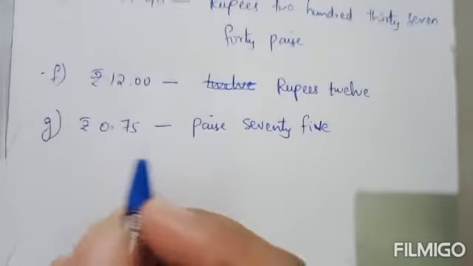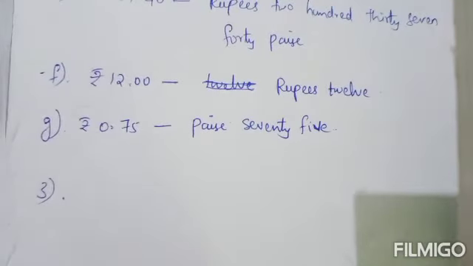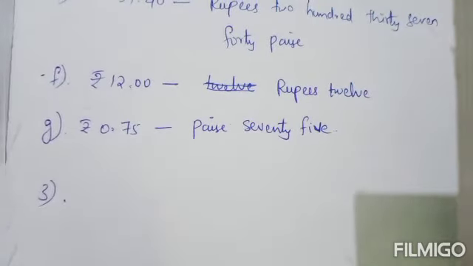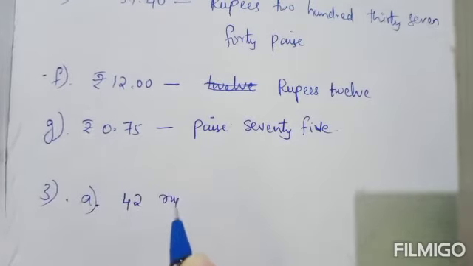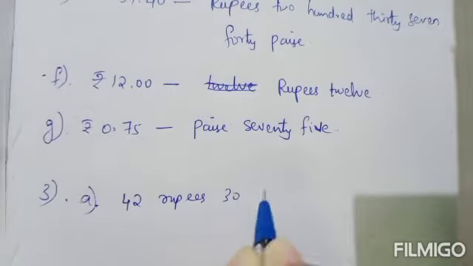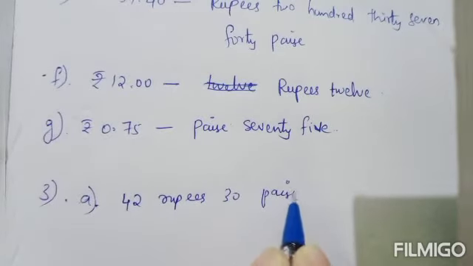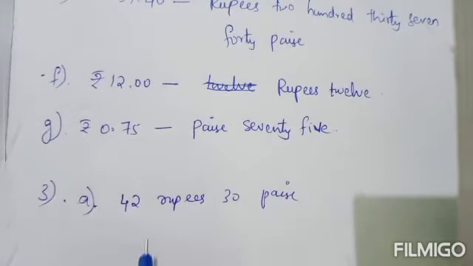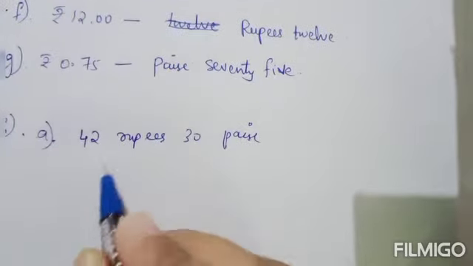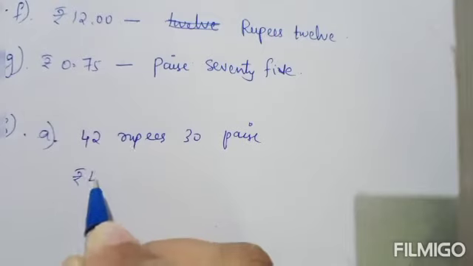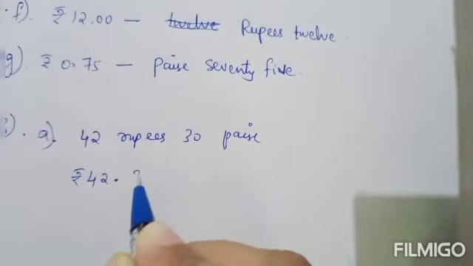Next, the third one. Convert the following amounts into paise. In that A, 42 rupees 30 paise. So this you have to convert to paise. First, write this in decimal form: rupees 42.30.